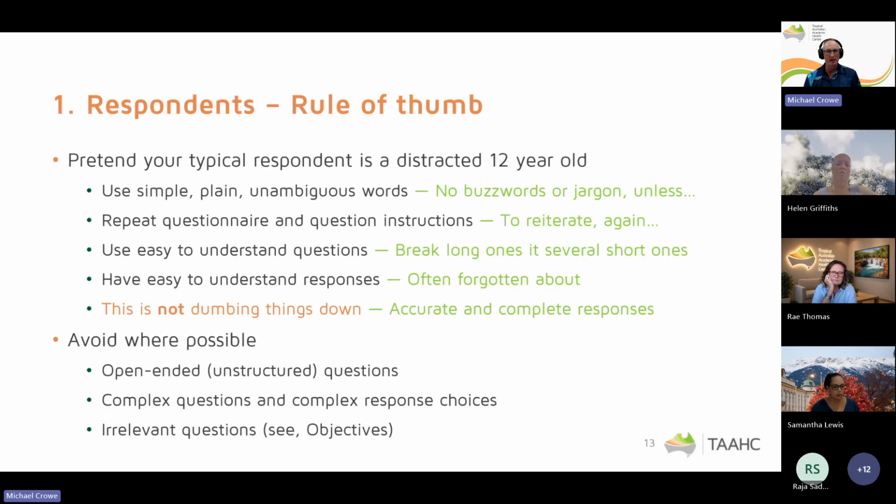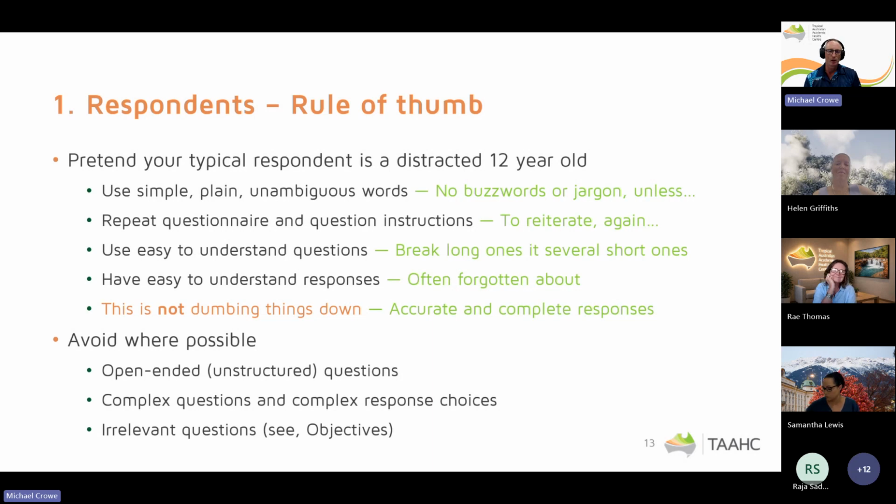Complex questions and responses and complex choices, again, as I said earlier, you need to break down into simpler ways that people can understand. And lastly, because some of you have said it as well, having long questionnaires where you're sort of losing the will to live as you go through is a bad idea too.